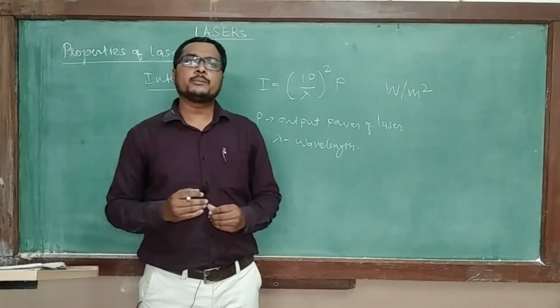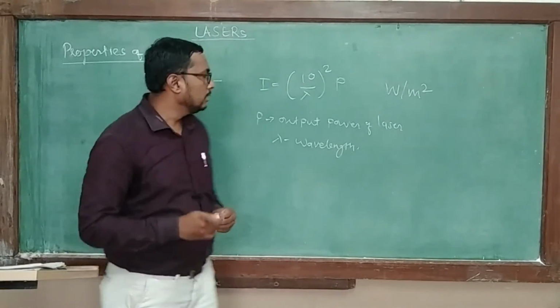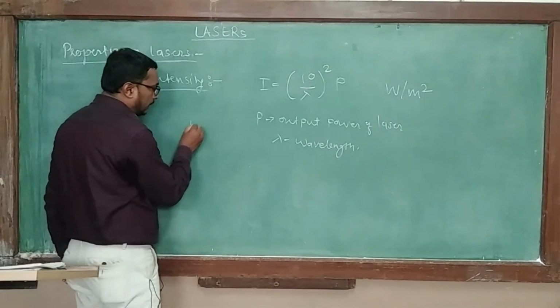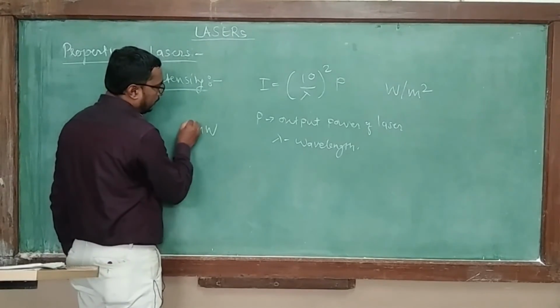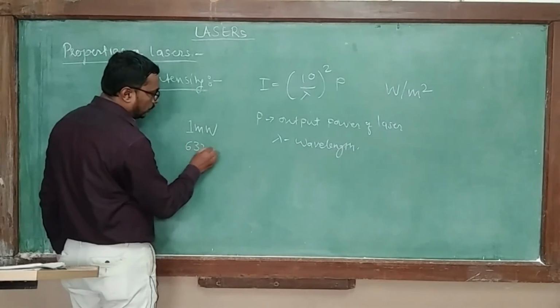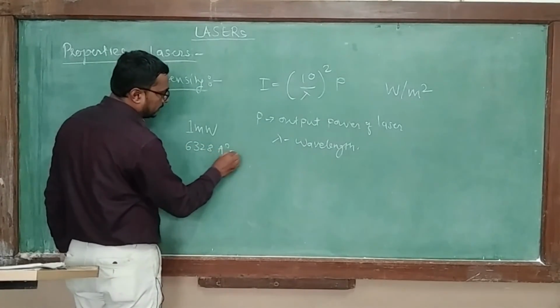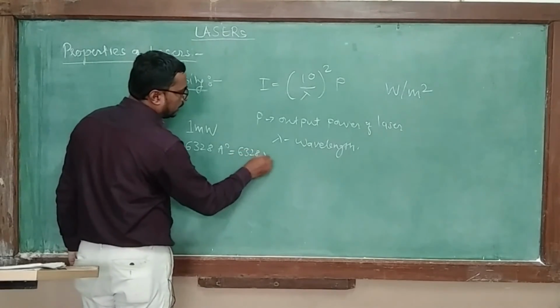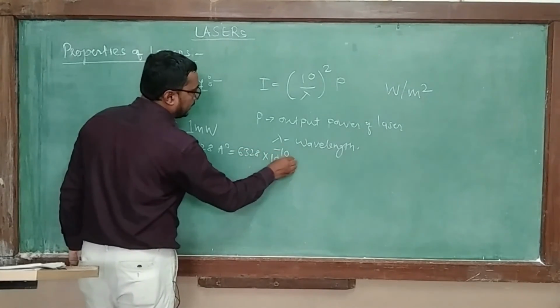So let us take the example of a helium neon laser. The output power is of the order of 1 milliwatt and the wavelength of the helium neon laser is 6328 angstrom, that is 6328 into 10 raised to minus 10 meter.